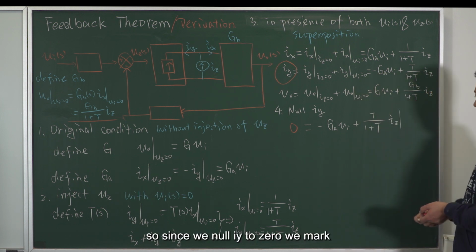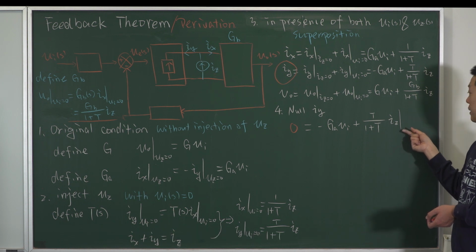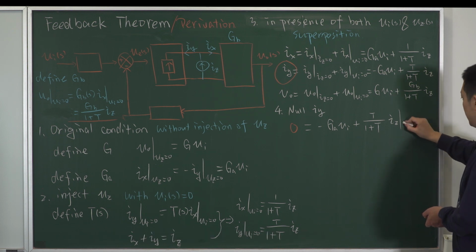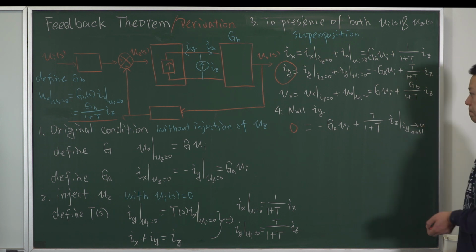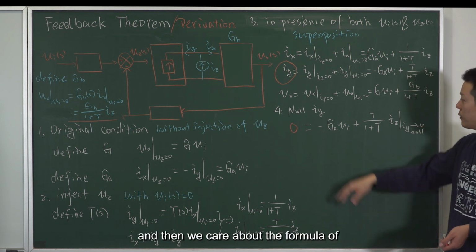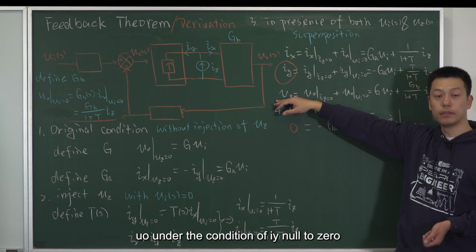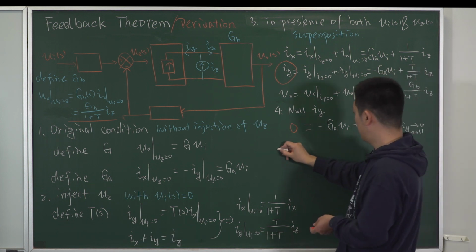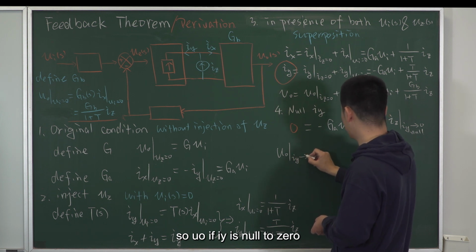So since we know Iy is nulled to 0, we mark in the formula here the Iy now to 0. And then we care about the formula of U0 under the condition of Iy nulled to 0.